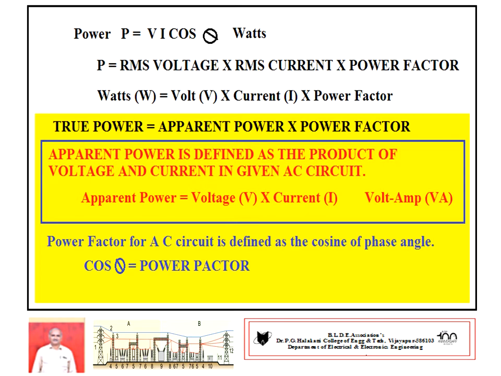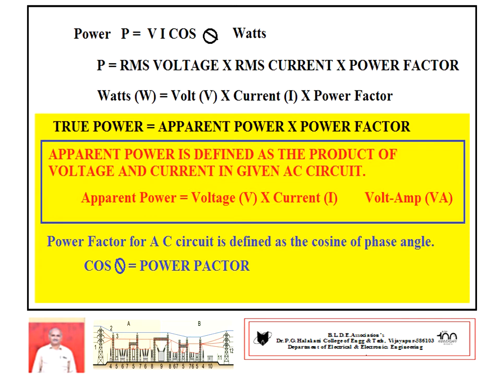Power equals VI cos theta, where cos theta is once again referred to as the power factor: RMS value of voltage, RMS value of current, into power factor of the system. So, power is measured in watts. Watts equal volt into current into power factor.